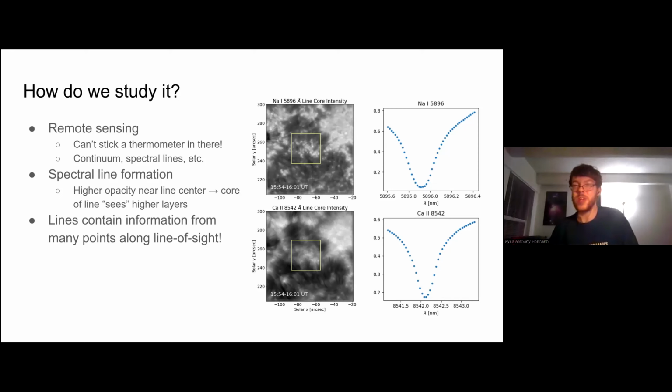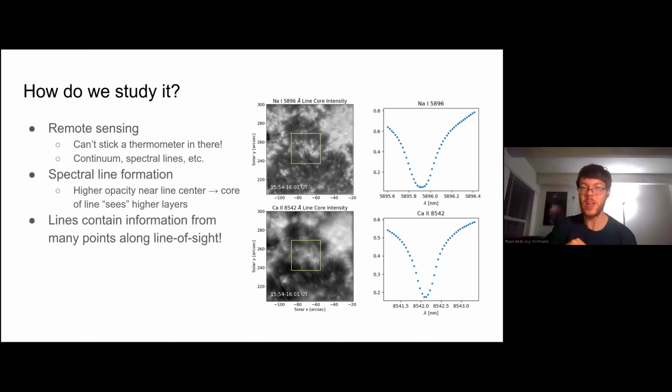So traditionally, we've studied the chromosphere with spectral line observations, which gives you, depending on the opacity of the spectral line, a more opaque wavelength, doesn't see as deep.